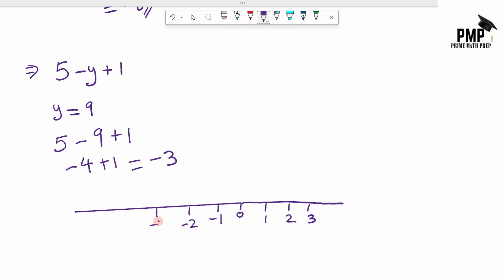Negative 2, negative 3, negative 4, negative 5, negative 6. The question is telling us negative 4, which is this, plus 1. That is, move one place to the right because we are adding. If we move one place to the right, negative 3. That is how we got negative 3.